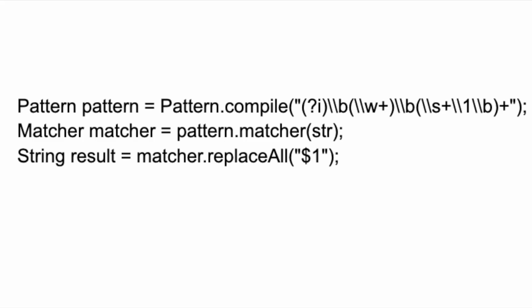And then I also added a backslash w plus, which captures any word as group 1, which we assign as the first word of each repeated sequence in a sentence. And then we have backslash s plus, which finds one or more spaces. And then the backslash 1 references back to the group 1 word that we have identified.